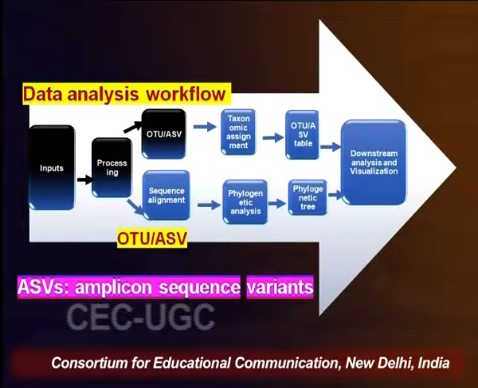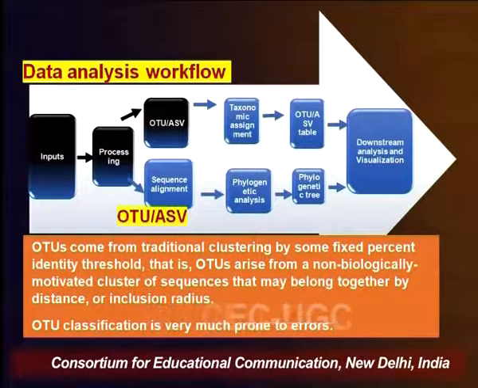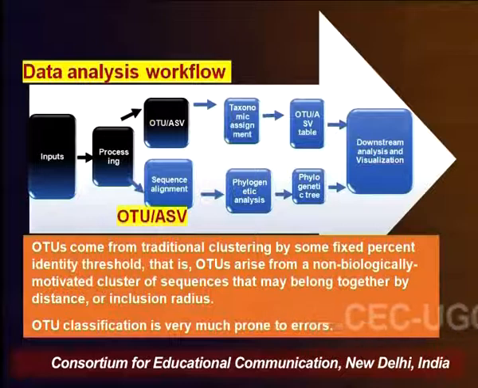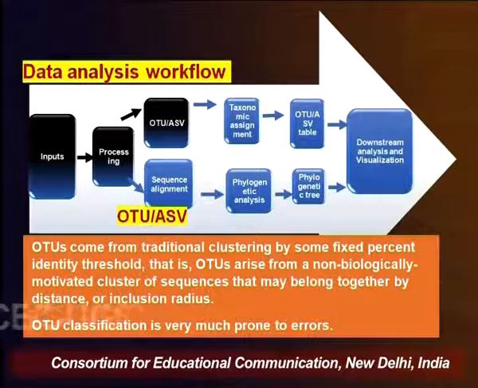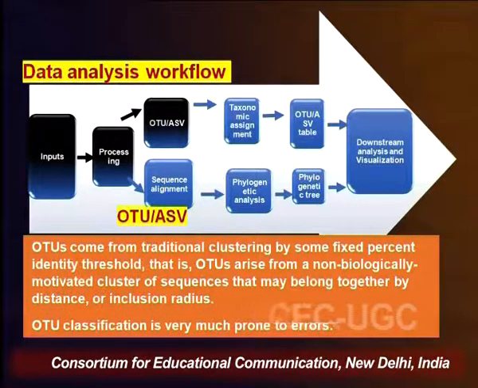What was happening with OTUs is that they were prone to errors, meaning huge errors were coming, and false negatives and false positives were coming in identification. So the problem was this threshold of 97%. This was the main cause of problems with OTU clustering.